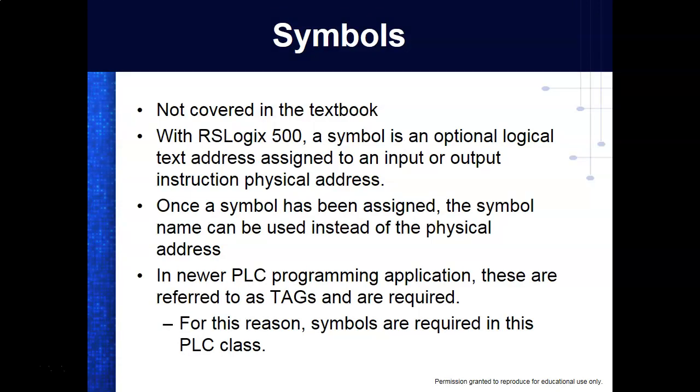Not covered in the textbook. With RSLogix 500, a symbol is an optional logic text address assigned to an input or an output instruction's physical address. So the physical address is like my phone number, or like your friend's phone number. That's the physical address. That's a bunch of digits, and that's a number.